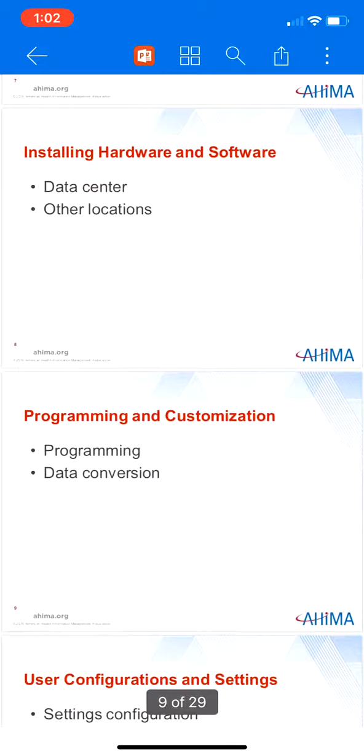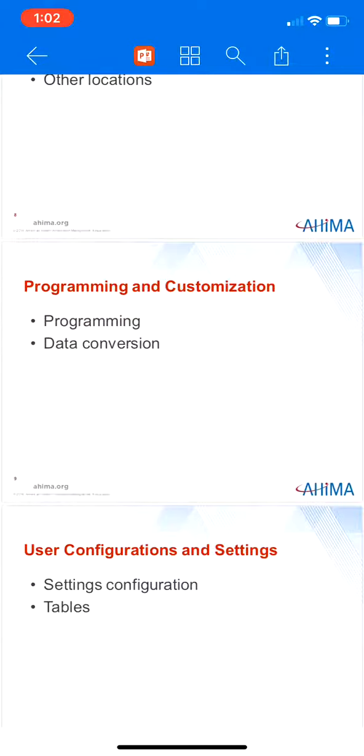Number 4, programming and customization. Programming may or may not be required depending on the type of information system, complexity of the information system, and whether the healthcare facility is purchasing an information system or programming one themselves. If the information system interfaces with another information system to share information, such as patient demographics or other information, the interfaces will have to be programmed.